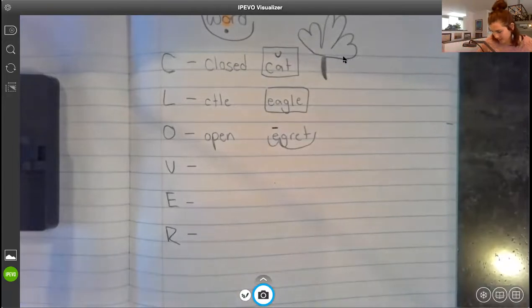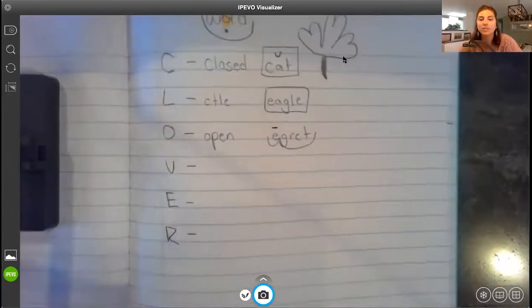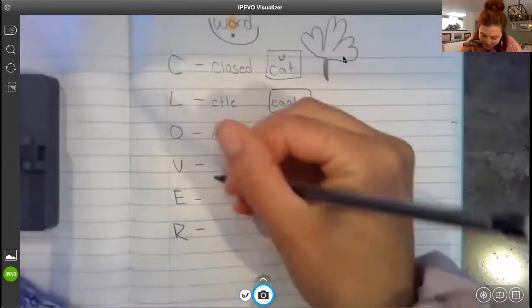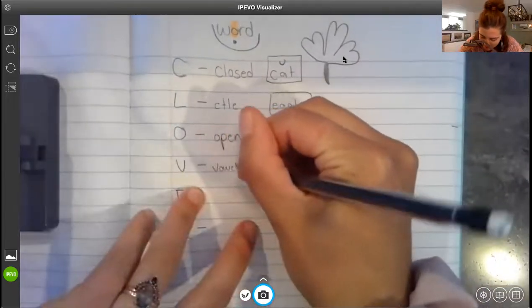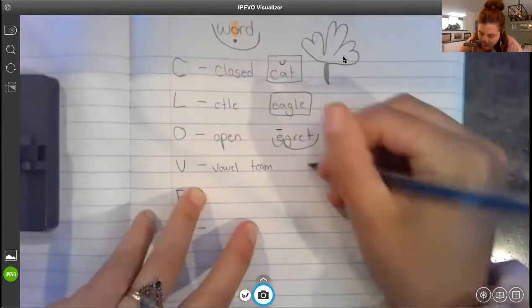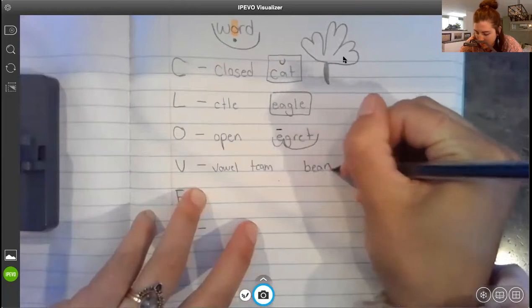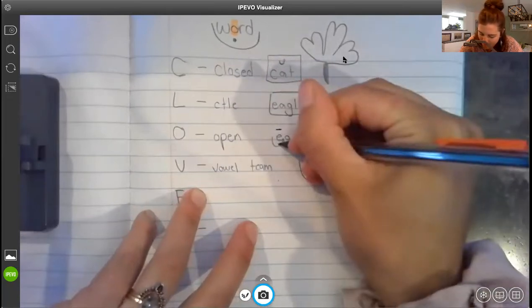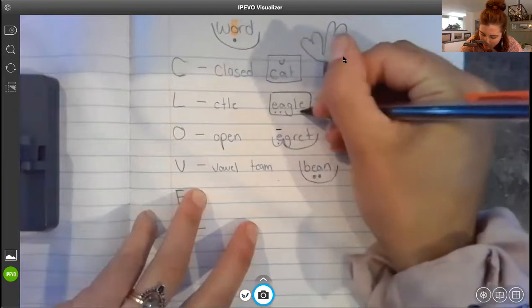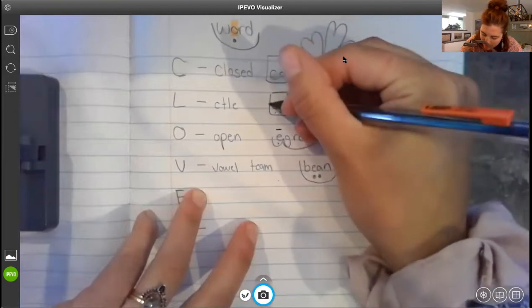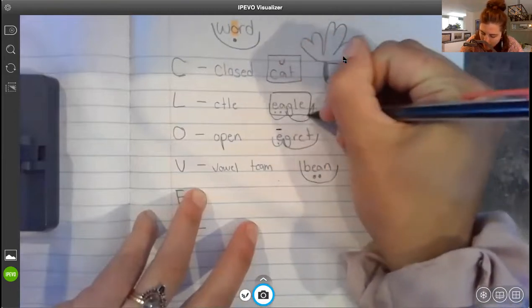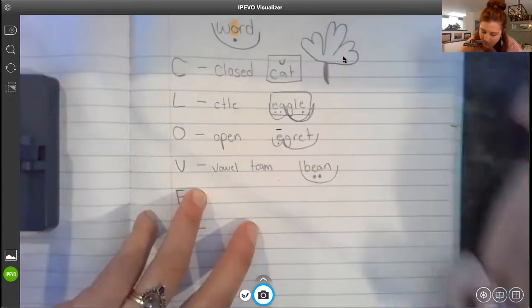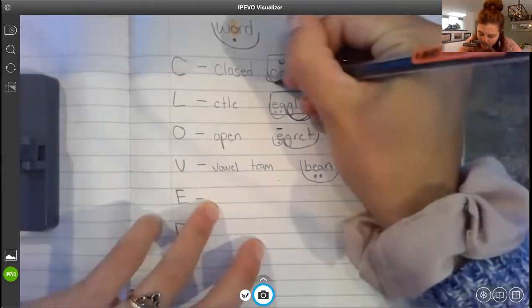So we've been over this. This is just a quick review. V is what? Vowel team. An example could be the bean you eat, B-E-A-N. I'll put dots under our vowels. Eagle, G plus L-E. Cat is one.